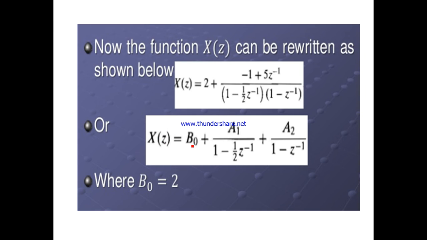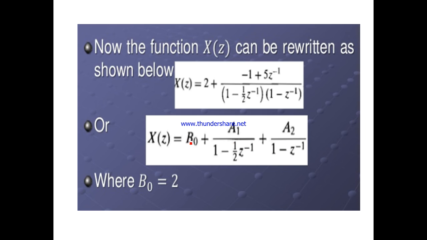So X of z equal to, this is the standard form, b0 plus a1 divided by 1 minus 1 by 2 z power minus 1 plus a2 divided by 1 minus z power minus 1. So we are applying partial fraction.